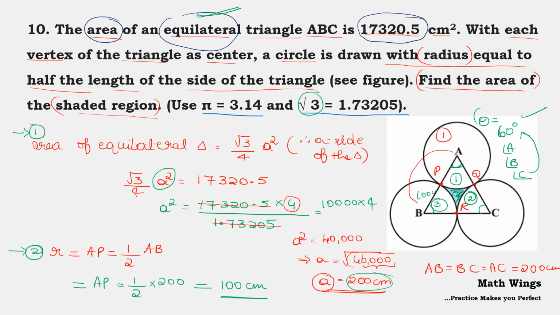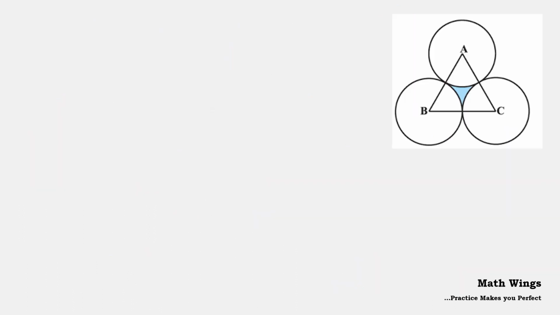Therefore, how can we find the area of the shaded region? It is nothing but the area of the triangle minus the area of the sector. So see here, we are given the area of the triangle directly. We can use this to find the area of the shaded region. First, let us list out what we have on the next page. We have R is equal to 100 centimeter. What else do we have?